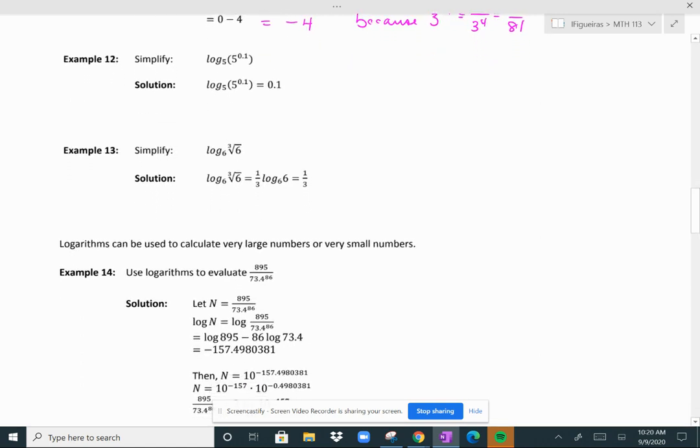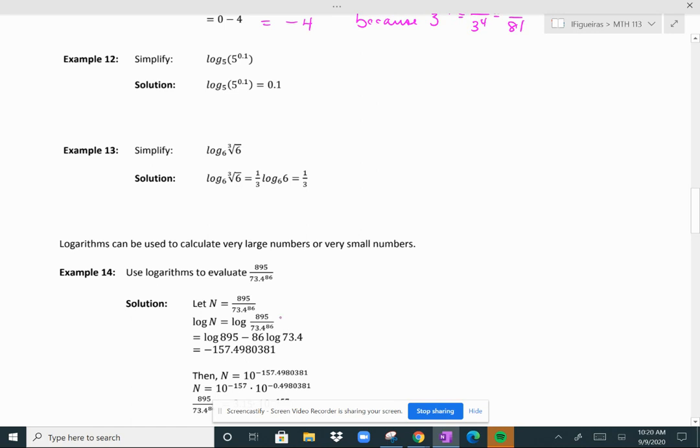So what do we do? We take our fraction, and I'm going to let n equal that fraction. Then I've created an equation, and so I'm going to use common logs to help me evaluate this. So I'm going to take the log of both sides. So log of n equals log of 895 over 73.4 to the 86th power.